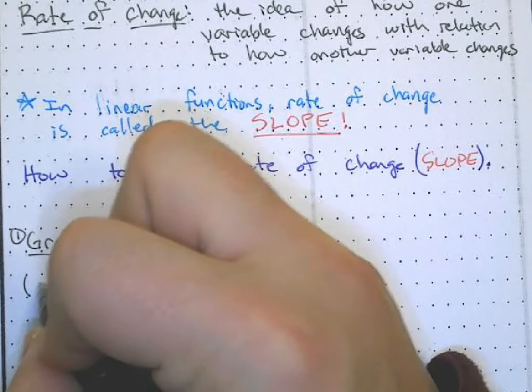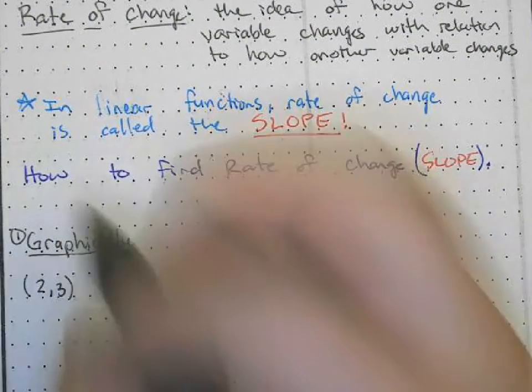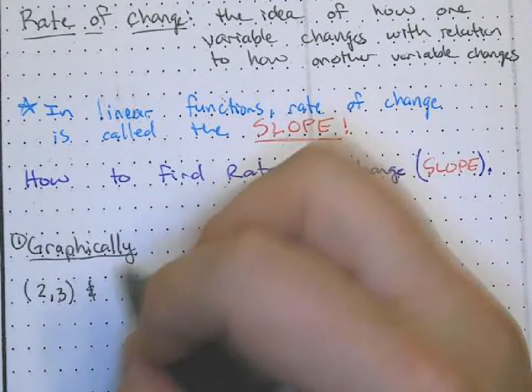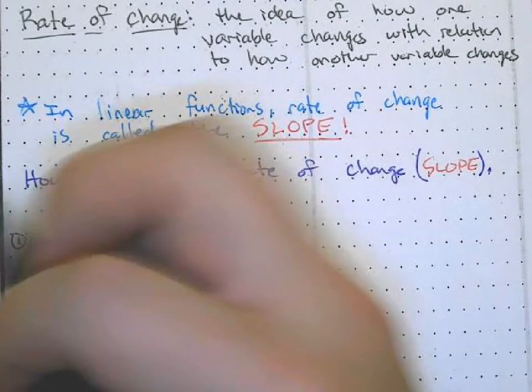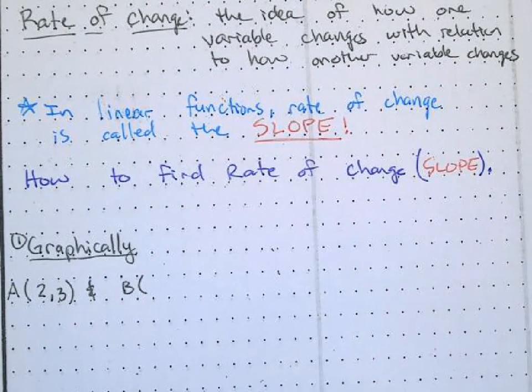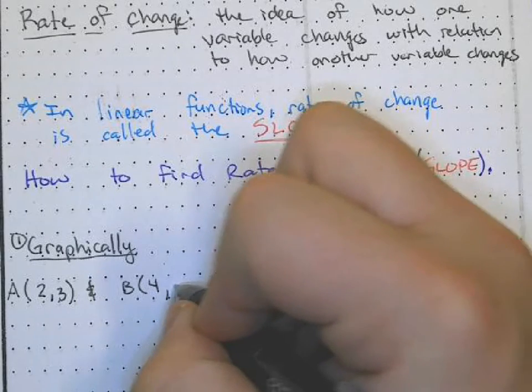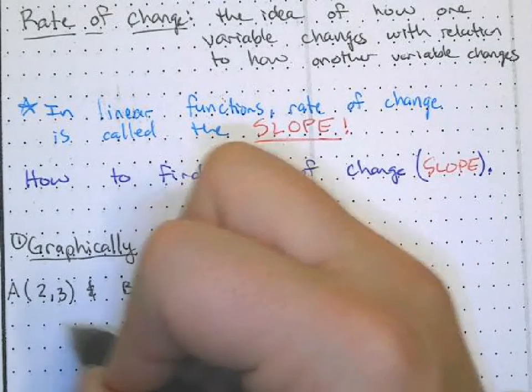So we will plot the points 2, 3, and call this one A, and we'll call this one B, and we'll say we're going to -4, -5.